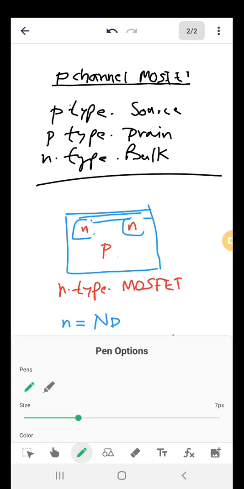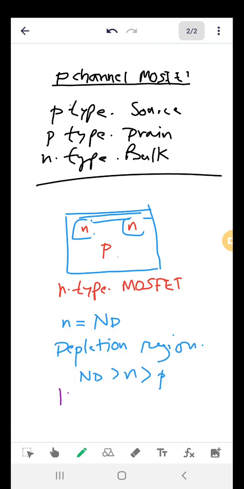And in the inversion region, on the other hand, it's the opposite. The number of holes becomes greater than the number of electrons.